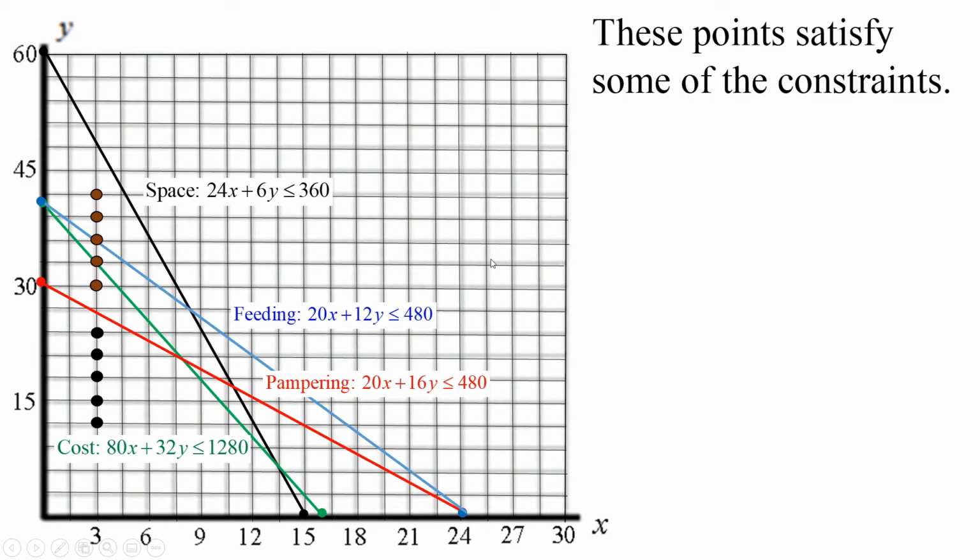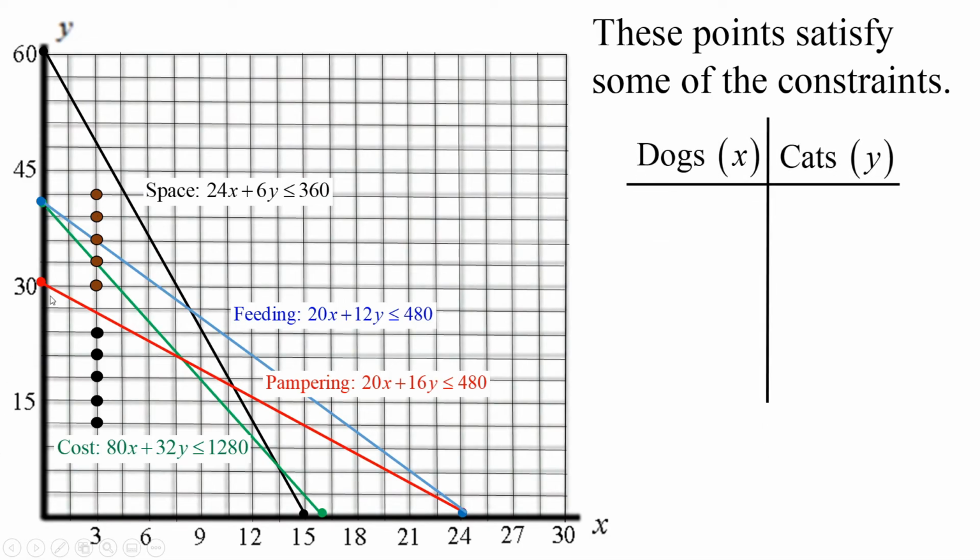Now, let's write those ordered pairs. So notice again, to keep my job as easy as possible, the number of dogs would be 3 for each of them. And now what's the corresponding y-coordinate for each of these points? Well, the y-coordinate at that bottom point there, see my arrow, would be 30, and then 33, and then 36, and then 39, and then 42.